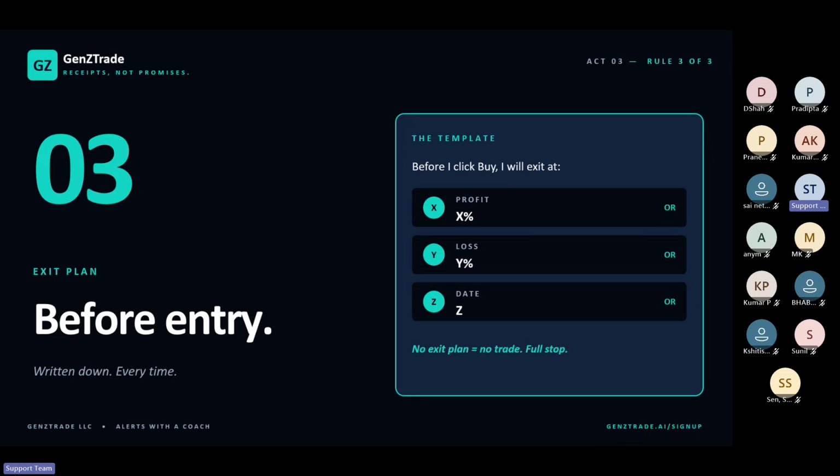The second rule: with every option you take, you can make lots of money, but you can also make lots of losses. But if you know exactly what you're taking, the system gives you your entry price, your stop price, and your target price. The system also generates a soft stop for you.